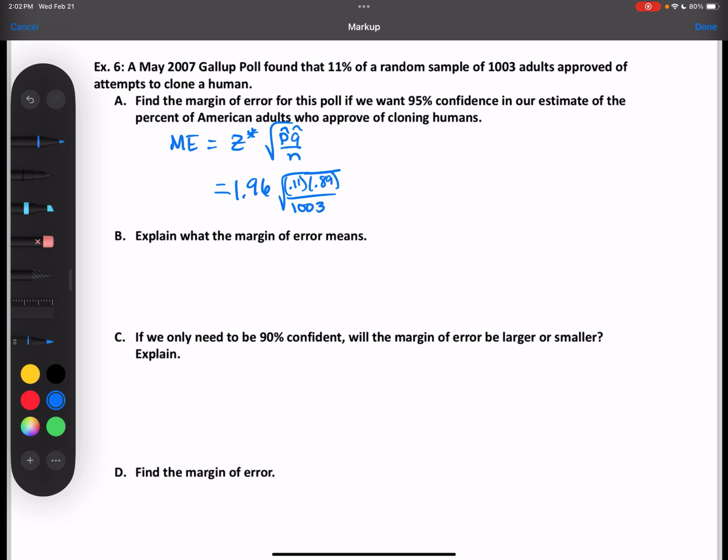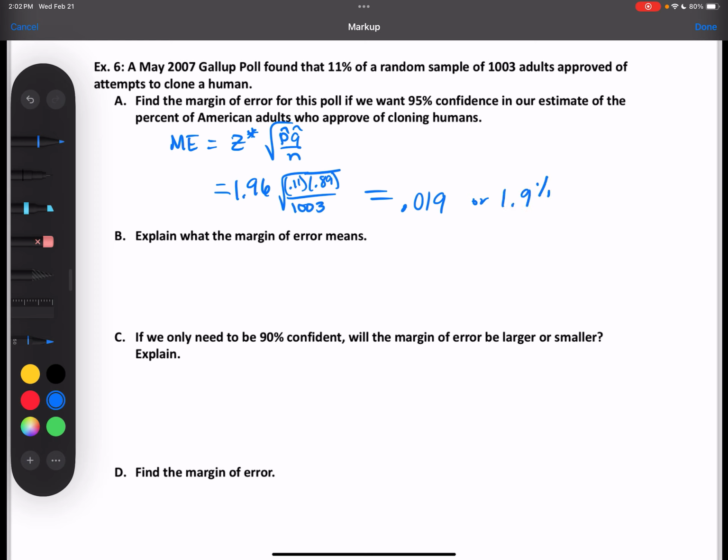Such an annoying number. The answer is 0.019, or 1.9%.